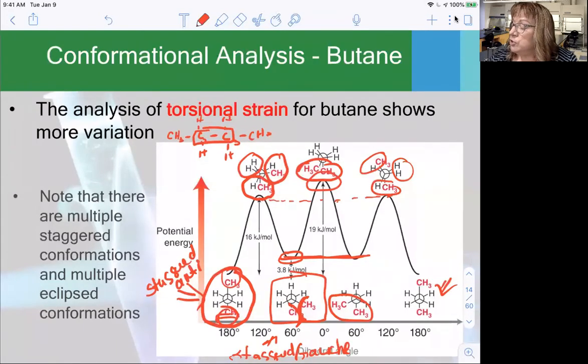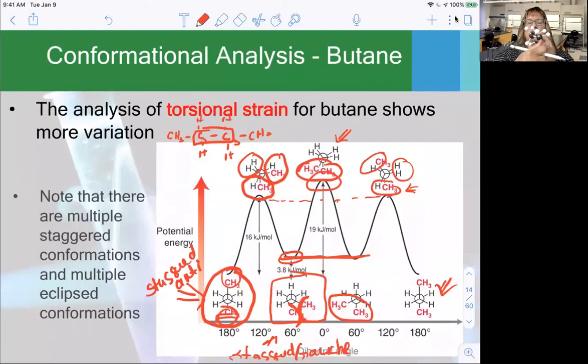Then I have two high energy eclipsing, but one extra high energy eclipsing where my two methyl groups are totally eclipsed over one another.